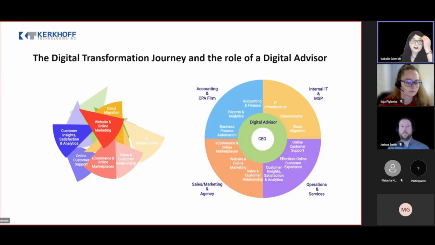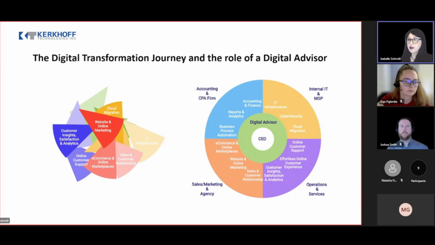So what is digital transformation and the role of the digital advisor? The digital advisor plays a critical role in the digital transformation journey by organizing and creating a structure to the process.